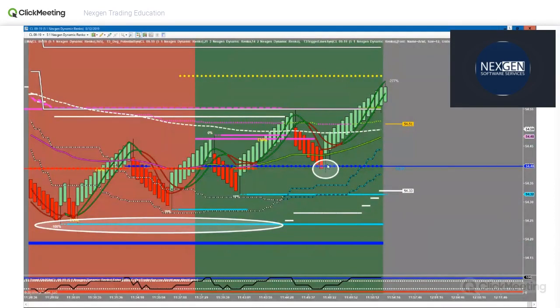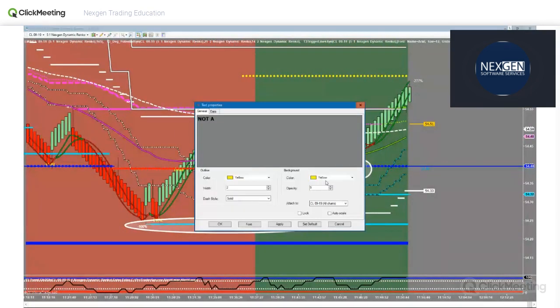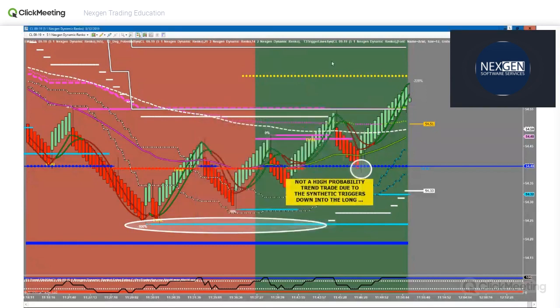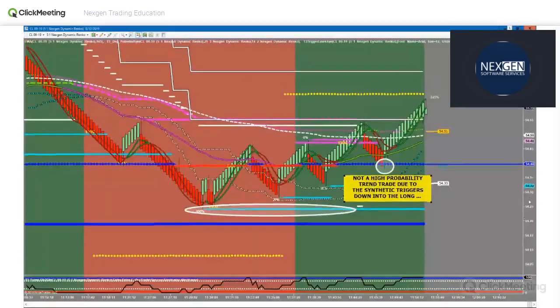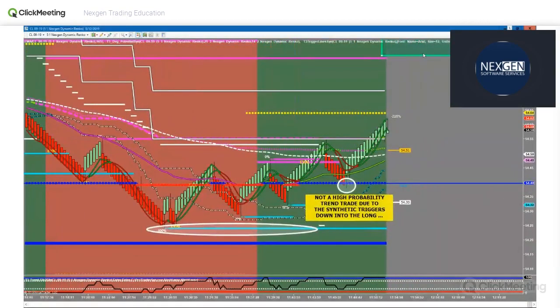Yes, this is a trend trade, but it's not a high probability trend trade. Right? So this is not a high probability trend trade due to these synthetic triggers and the location of our small triggers.